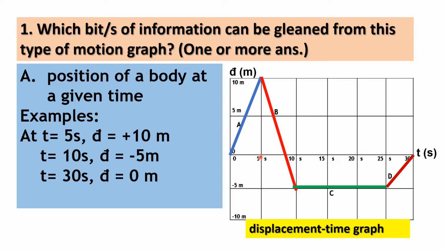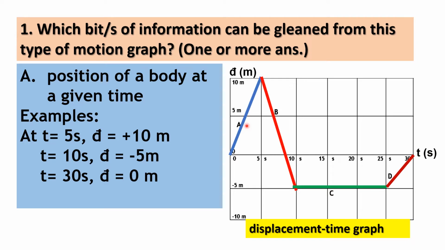So all we need to do is move up until we reach this part of the graph which corresponds to 10 meters. It's like asking, where is the body at exactly 5 seconds, right?